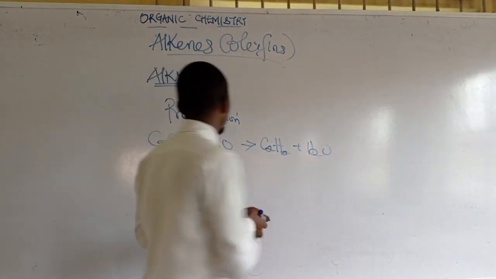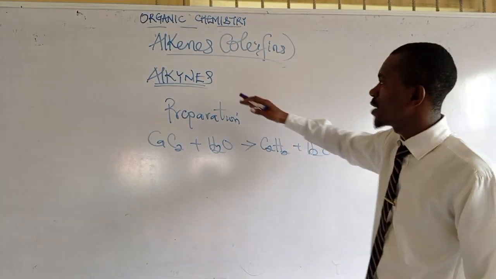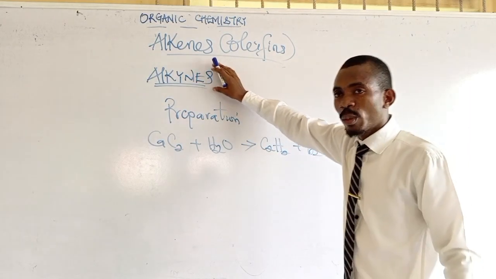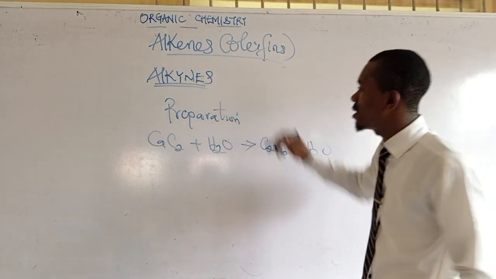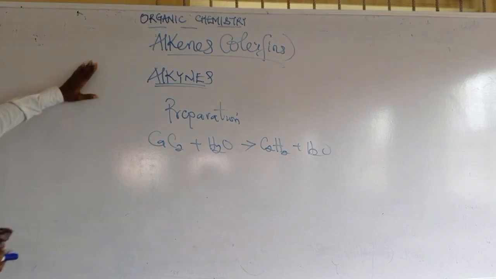So their properties: they are less dense than air, and neutral to litmus. That's the physical properties. For their chemical properties, they are almost the same as the alkenes.